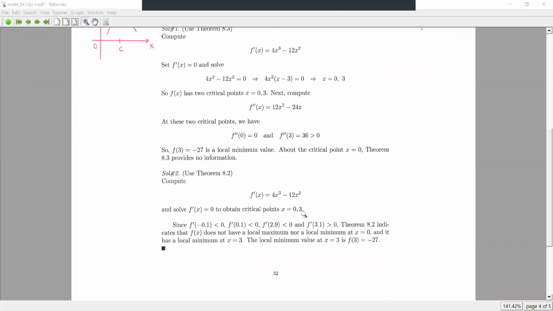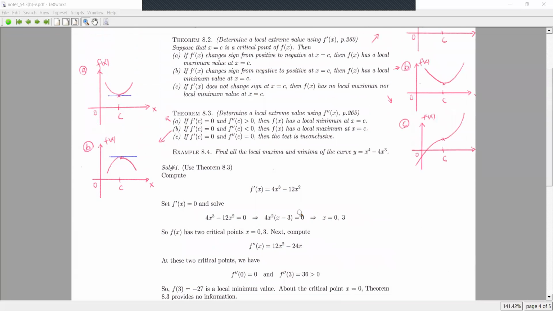About the critical point 3. On the left, I pick a point, say 2.9. The derivative at 2.9 is less than 0. On the right of 3, I pick 3.1, an arbitrary pick. The derivative at 3.1 is positive. Therefore, the derivative changes sign from negative to positive at the point 3.